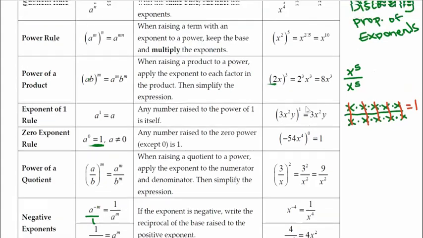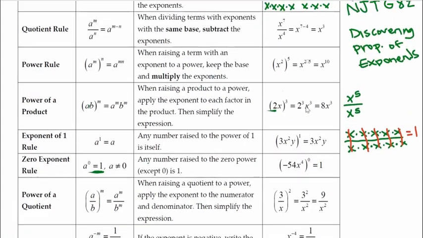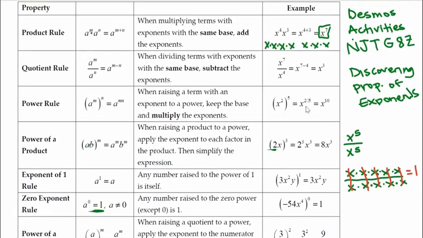But if we look back to the property that we had, oh, where did it go? Oh yeah, the quotient rule here. So if it's connected by division, then we subtract those. So if I tried using that on here, then I'd be doing x to the 5th power minus that 5th power on the bottom. All right, so that gives me x to the 0 power.